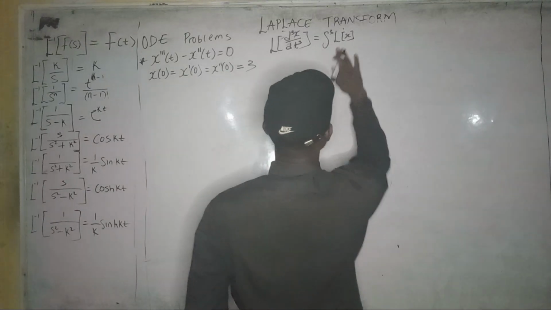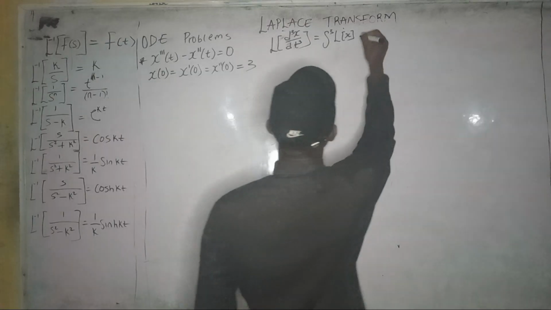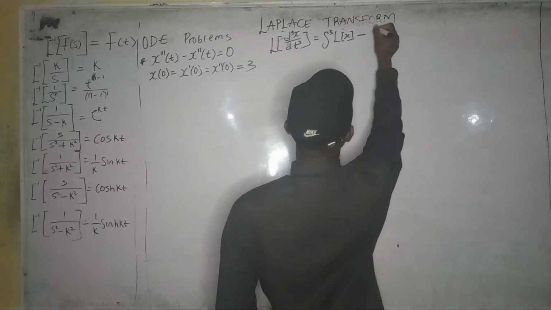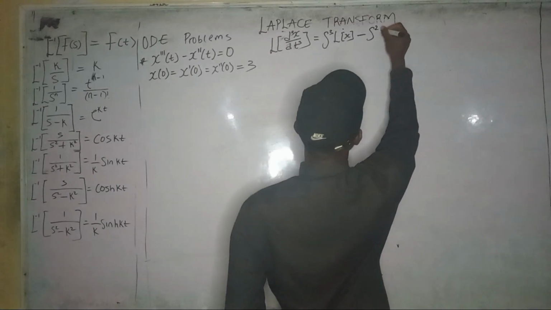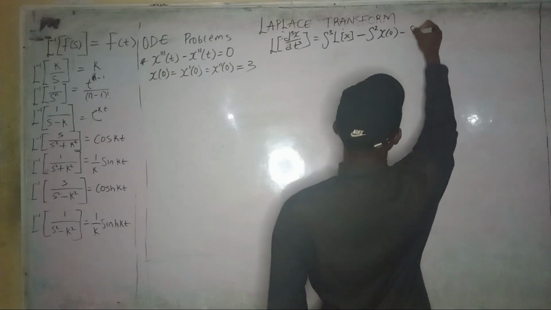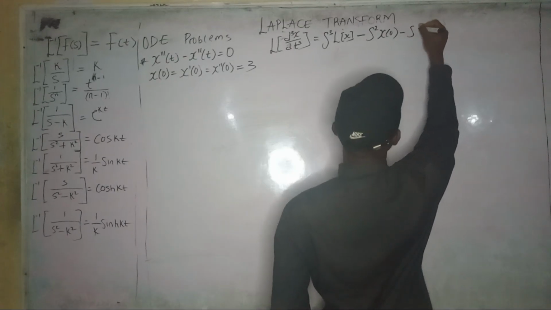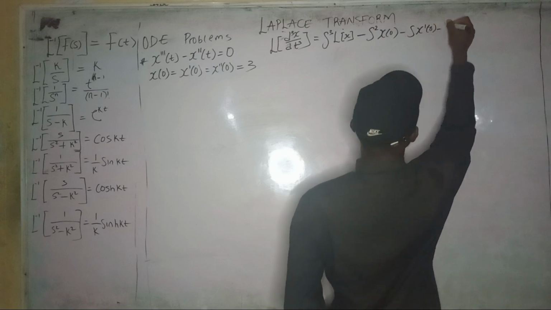So now, s cubed times the Laplace transform of x, minus s squared times x naught, minus s times x prime naught, minus x double prime naught.